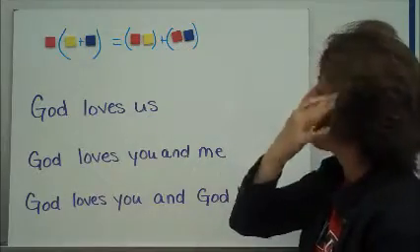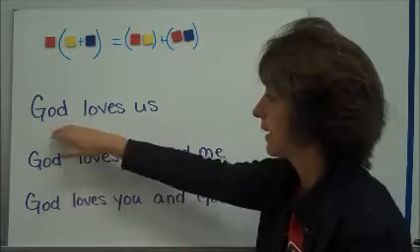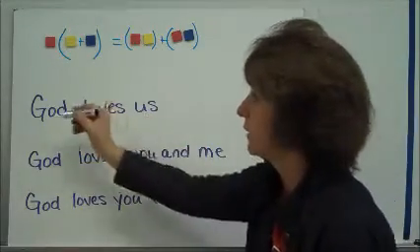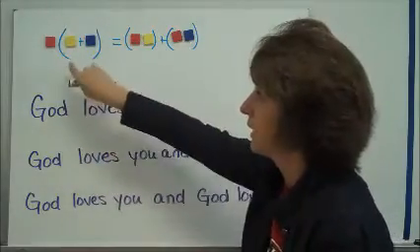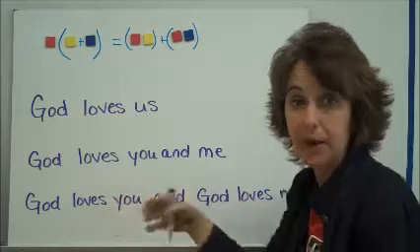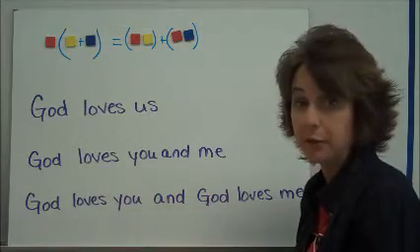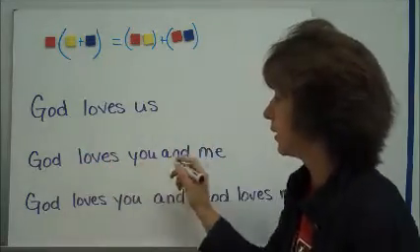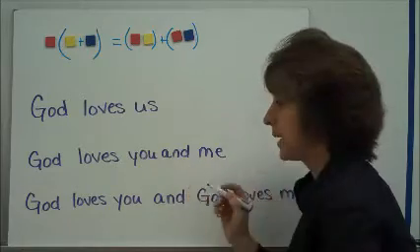Now, let's think about that in terms of truth. God loves us. God could be represented by the number that is outside the parentheses. The parentheses could be represented by everyone in the world, because it's true that God loves everyone in the world. And then this is who us is made of.